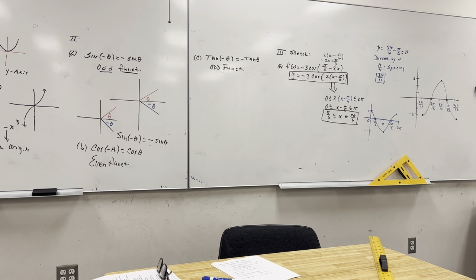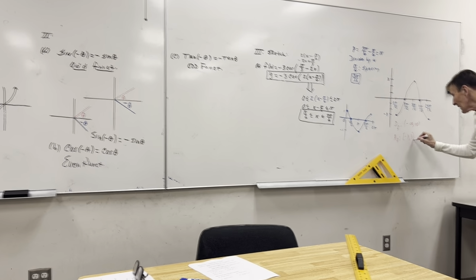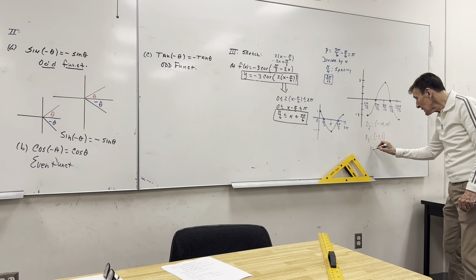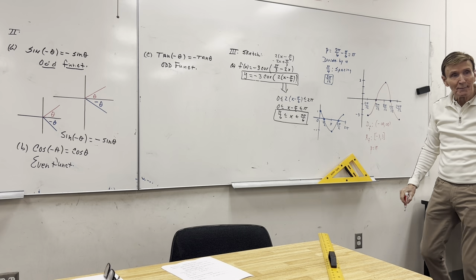Now, if they ask you for the domain of the function, they want the entire function, not just this cycle. So since it does go forever, this is my domain. The range on the entire function, the up and down, see if you guys agree. -3 up to what? 3. Period, we found earlier, was pi.